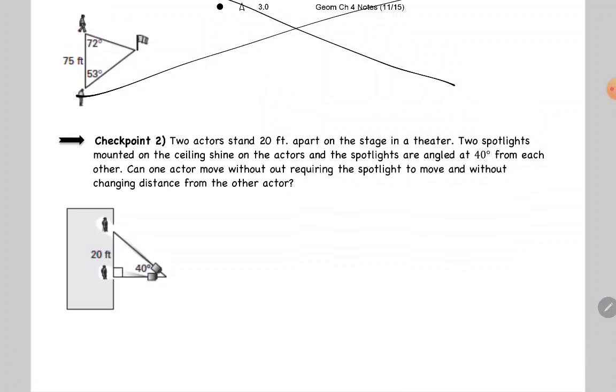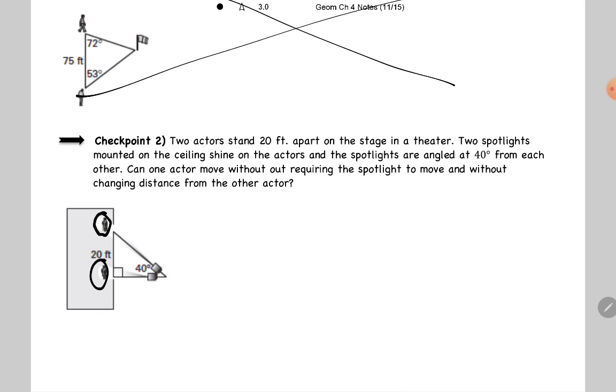So two actors stand 20 feet apart on the stage in the theater. So here's actor 1, actor 2. And they have a spotlight. So there's two spotlights that are angled at 40 degrees from each other. So we got spotlight 1 on one actor and spotlight 2 on the other actor.